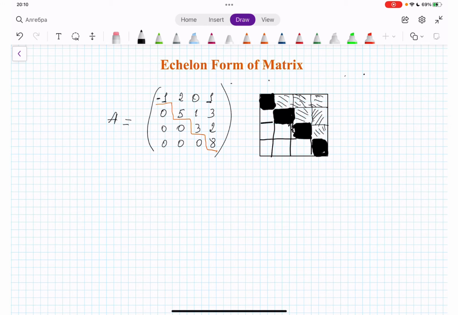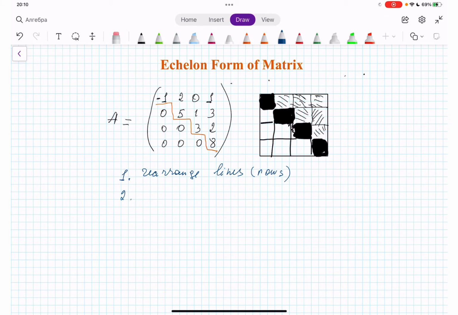There are a few operations we need to know. Number one, we need to be able to rearrange lines, rows, meaning, let's say, move line number 1 to be the first one, or swap the third line with the fourth line, and so on. Rearrange lines, or rows, as a matter of fact. It's the same thing, right?